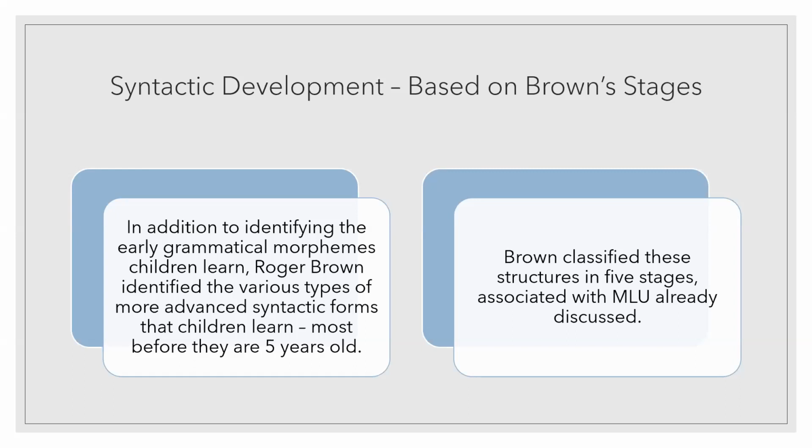Brown followed, I believe, his own children. He looked at their grammatical development from birth to age 5, and he divided the structures that they learned, in the order that they learned them, into roughly 5 stages.